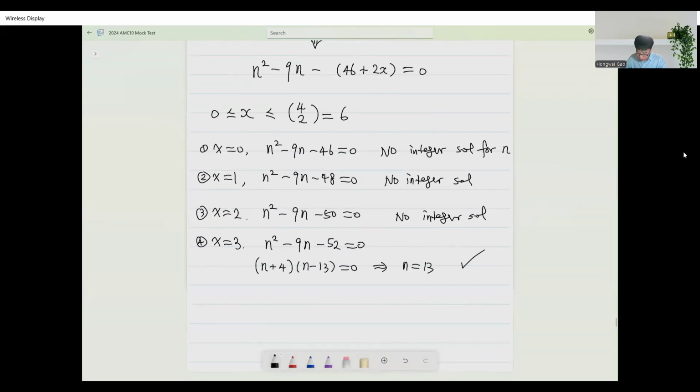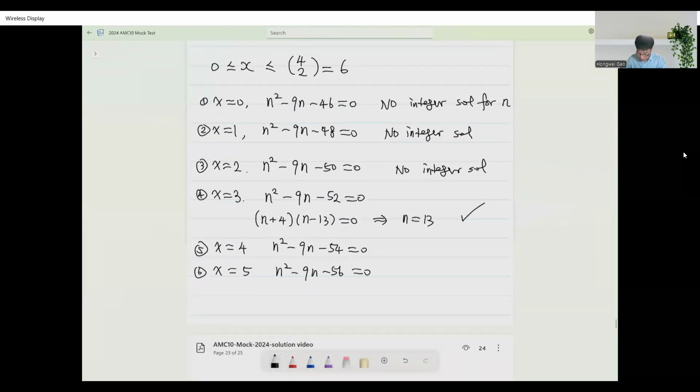Let's also check other cases. If x equals 4, we have n squared minus 9n minus 54 equals 0. No integer solution. If x equals 5, n squared minus 9n minus 56 equals 0. No integer solution for n.